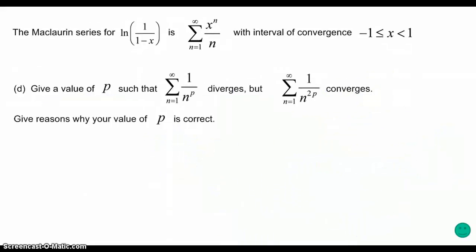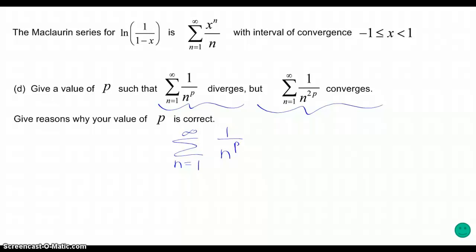So here's the last one. D says give a value of p such that this positive series diverges, but this positive series converges. Now, remember, the first one they gave us is just a generic positive p series. This one is going to diverge when p is less than or equal to 1.